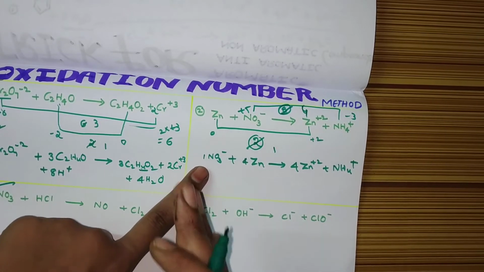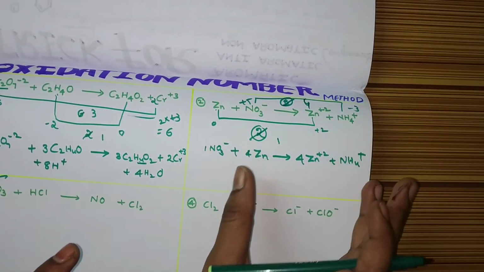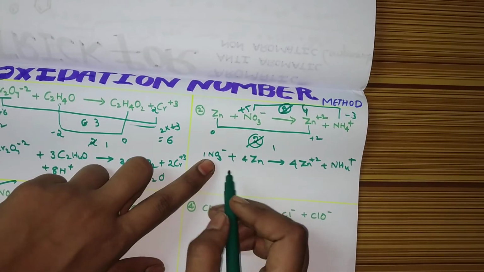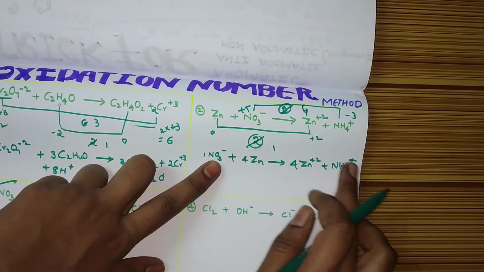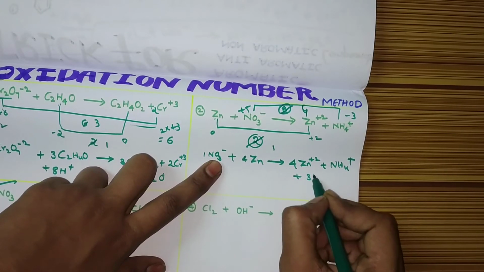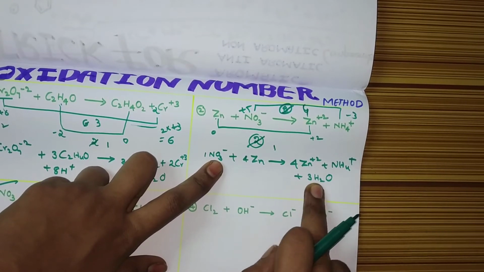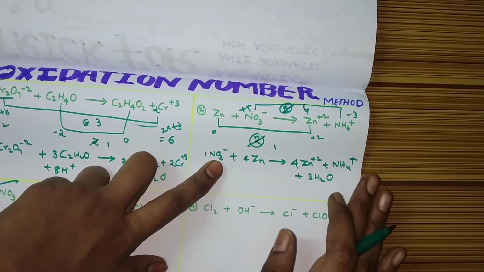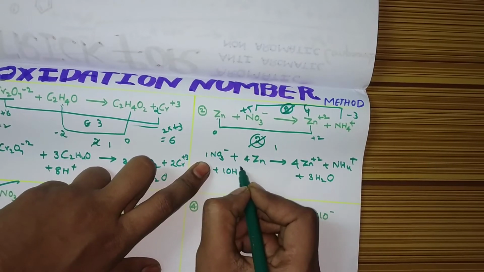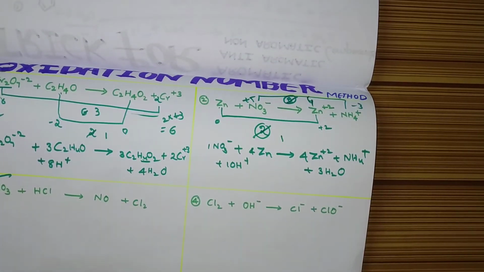Now look at oxygen. While you are balancing this, ignore oxygen and hydrogen first. Here 3 oxygens are there and here 0 oxygens, so add 3 moles of water molecules. How many hydrogens are here? 6 plus 4, 10 hydrogens, so add 10 moles of H+ ions. That's it. This reaction is completed, because nitrate ion is in acidic medium.